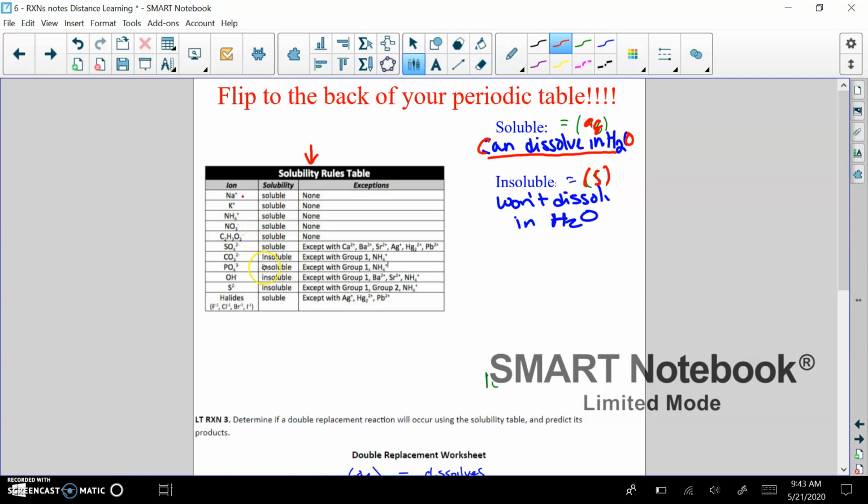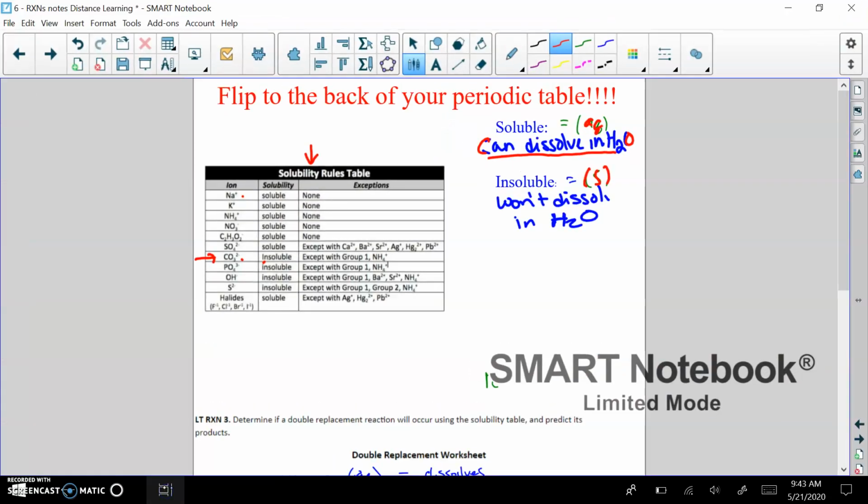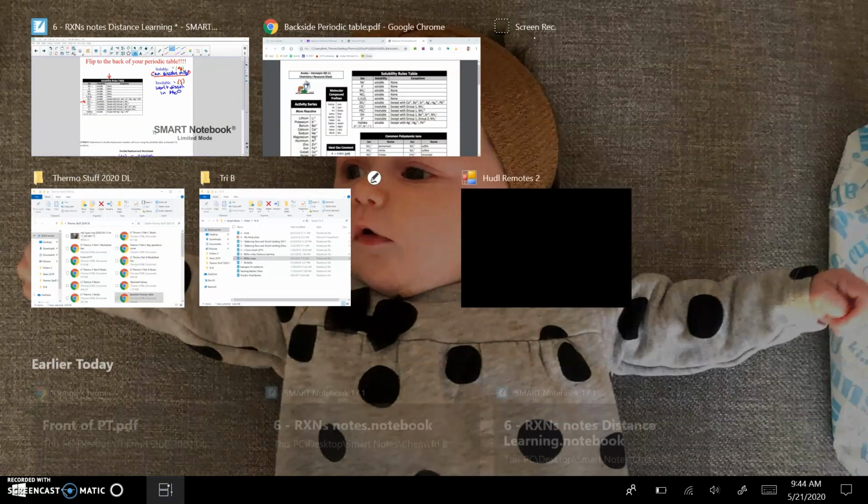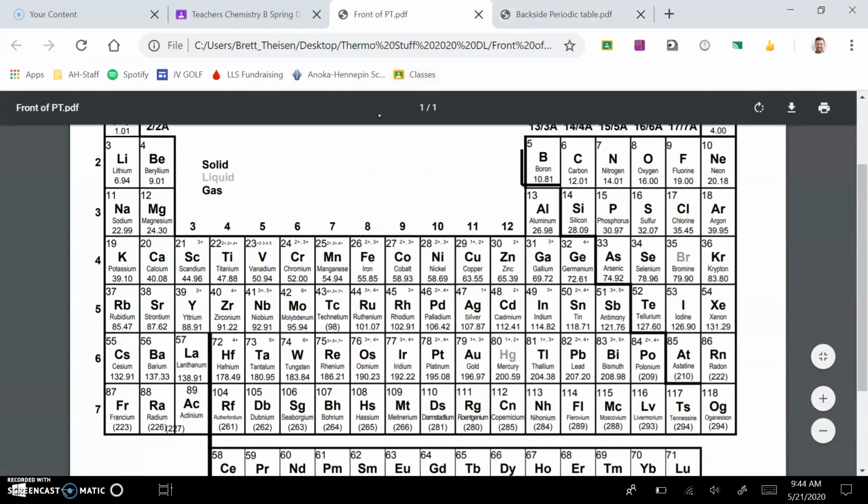If you go down to the bottom, carbonates, CO3. Insoluble. CO3 is what we call a polyatomic ion. We'll do a bunch of examples, but I'm gonna look at CO3. Insoluble, except with group 1. Now what is group 1? Group 1 is this right here.